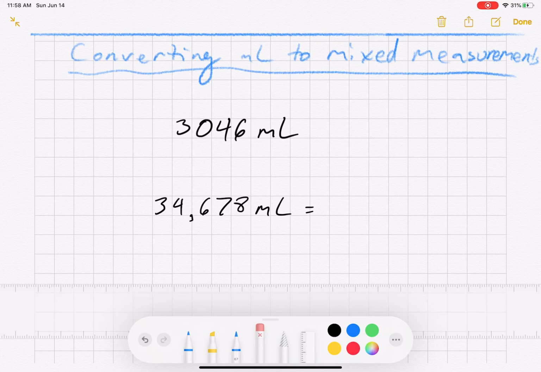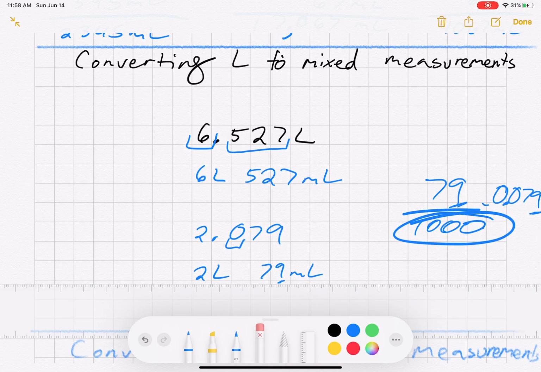Now we're going to convert milliliters back to liters. Okay, and just using a mixed number as well. If I'm looking at 3,046 milliliters, okay, so back here, I knew that if I wanted to write this in milliliters only, I know that this is 6,527 milliliters because I'd multiply that whole thing by 1,000.